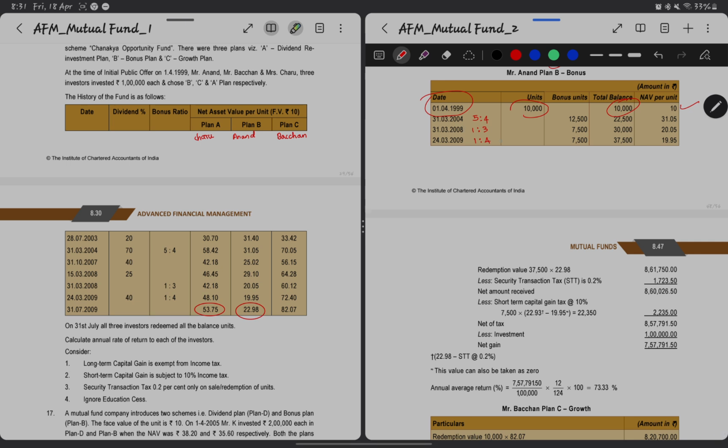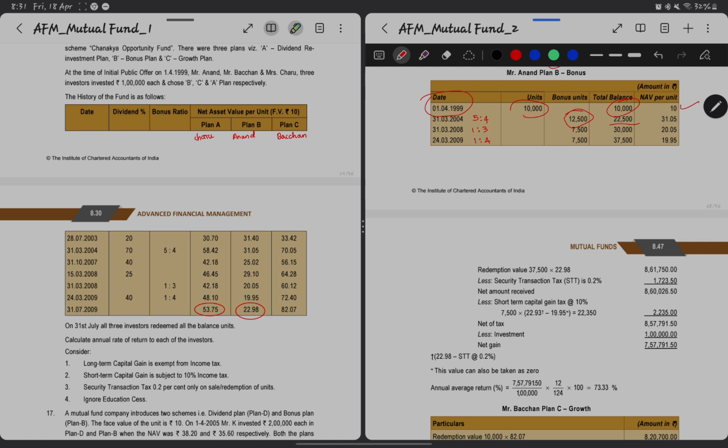Second, during 2004, bonus units are issued in a 5:4 ratio, which is nothing but for every 4 mutual fund units held, 5 new units will be given. So 10,000 divided by 4 multiplied by 5 will give us the bonus units 12,500, which will get added to the balance 10,000. Hence the new balance is 22,500.